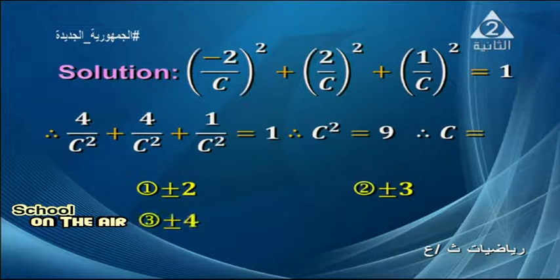From the multiple choice, c equals plus or minus 3. Remember, cosine squared theta x plus cosine squared theta y plus cosine squared theta z must equal 1. This is a very important rule.